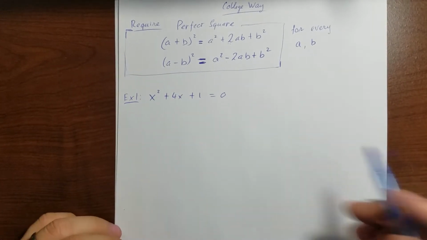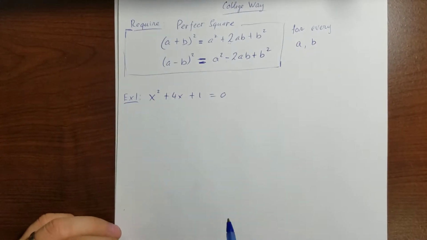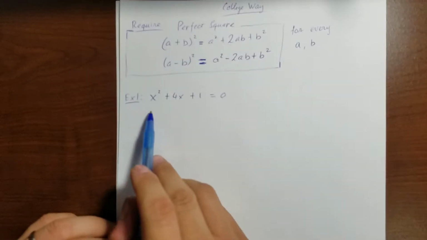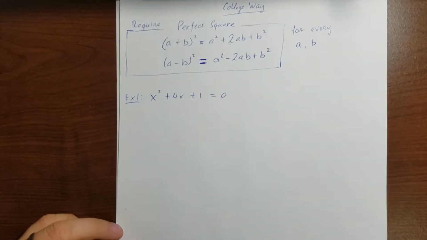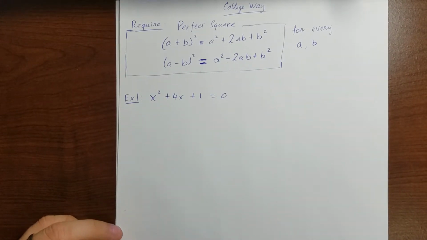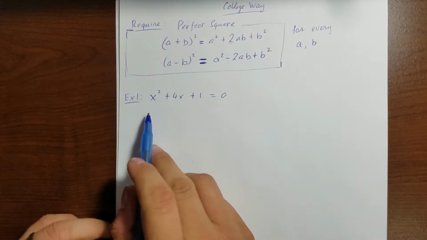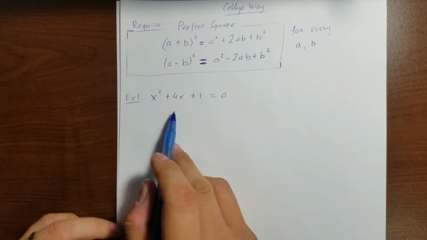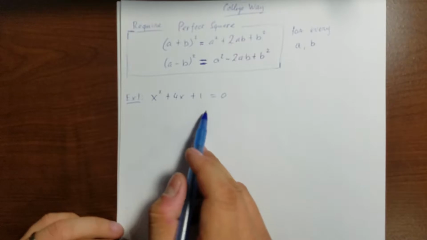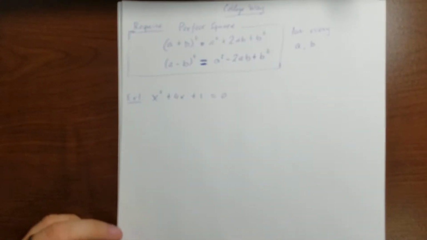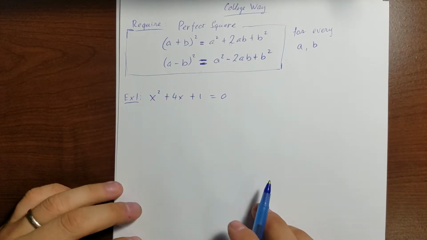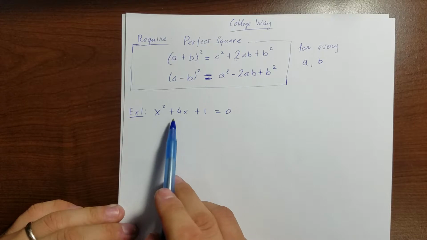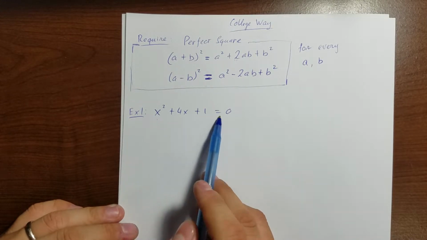If you have an equation like this, x squared plus 4x plus 1 equal to 0. Excuse me for that, guys, it's just the camera being weird.